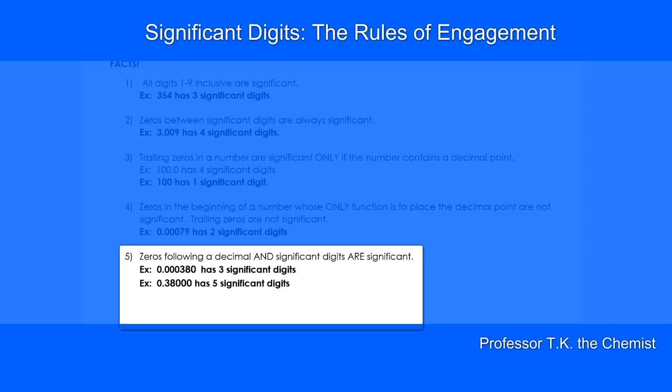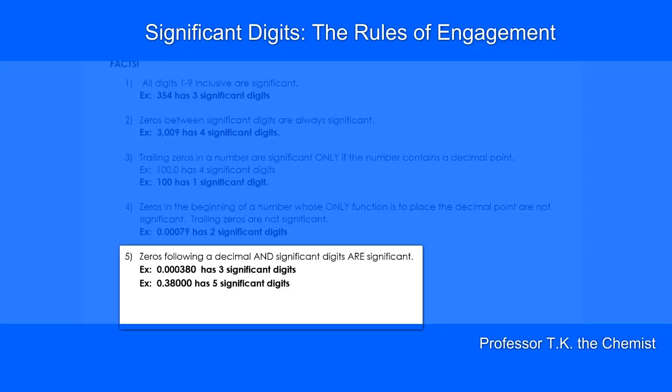The zeros that come before the 3 do not count. However, in this next example, if I give you 0.38000, the moment you hit the 3 and any number that comes after it, including zeros, all count. So in this case, we have 5 significant digits.